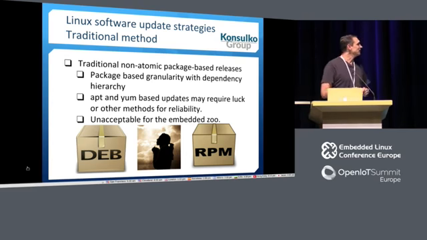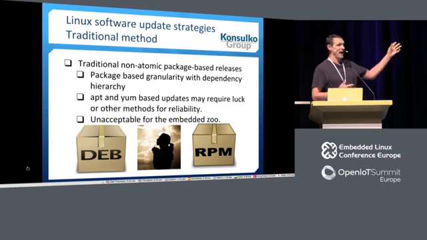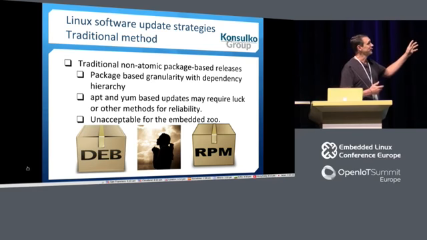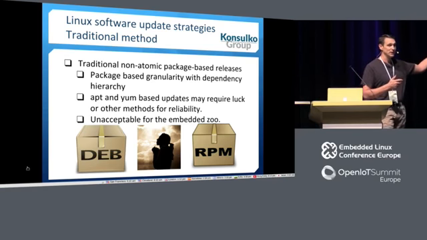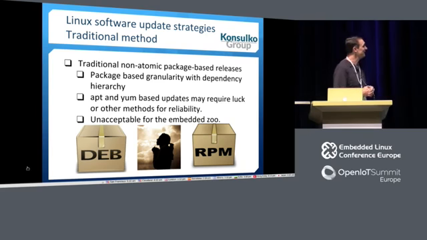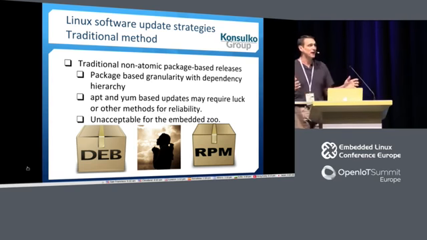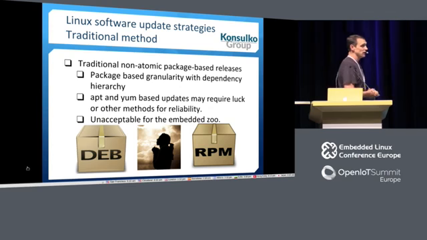And so we've got that package-based granularity. We've got a dependency hierarchy that usually explodes out, all those shared libraries you need as you pull something in, and typically driven in the desktop systems by APT or Yum on the front end.